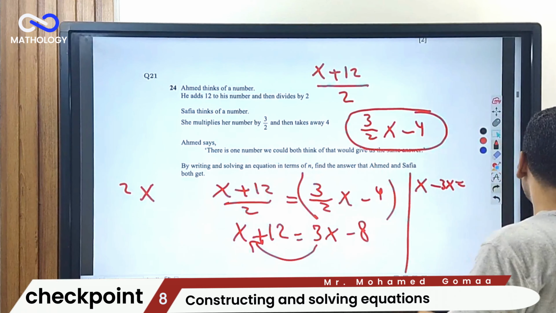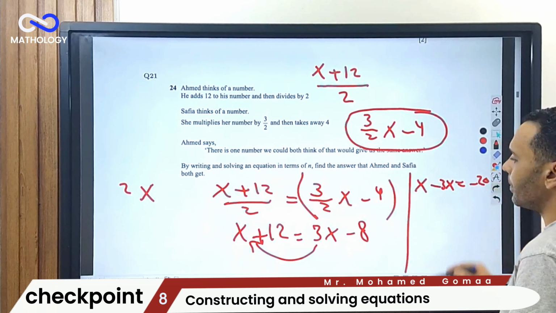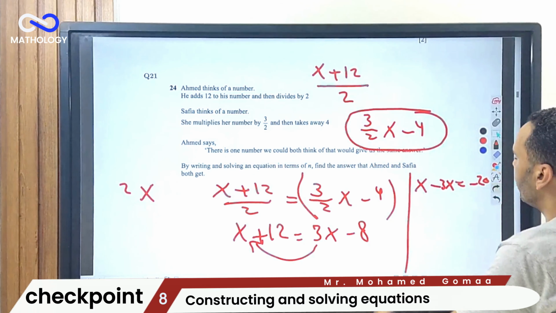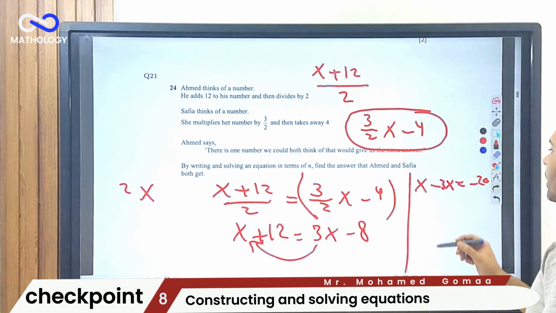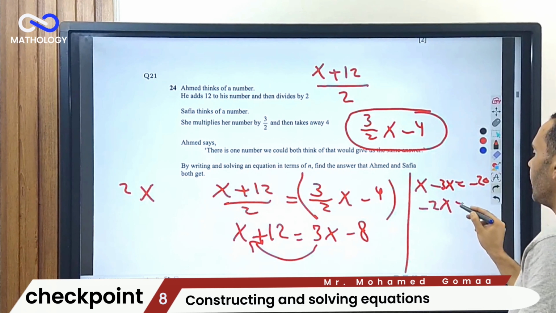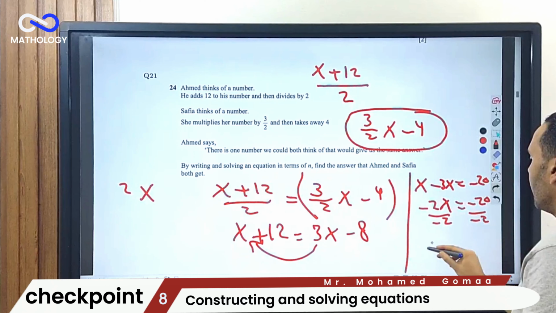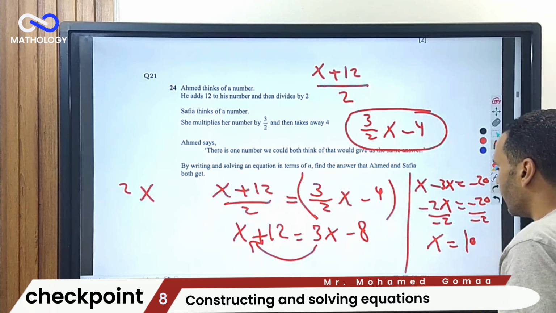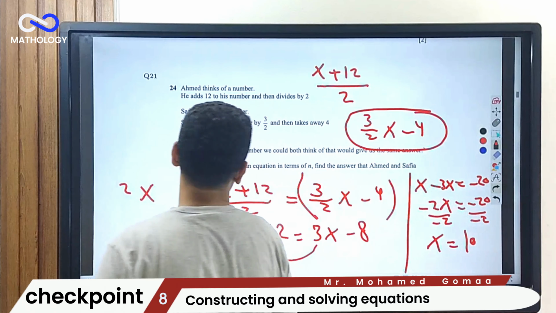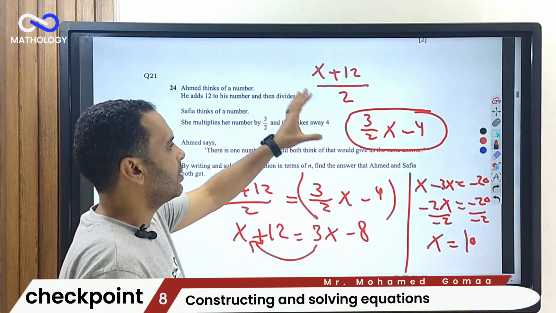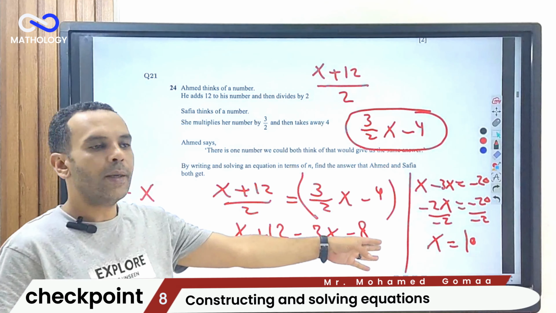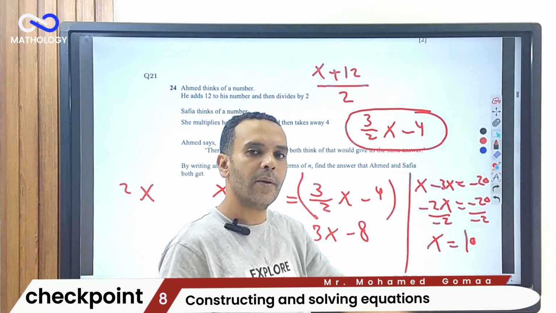It will be negative 8 minus 12, which equals negative 20. Negative 2x equals negative 20. Divide both sides by negative 2. x will be 10. The number which gives the same amount will be 10. x equals 10.